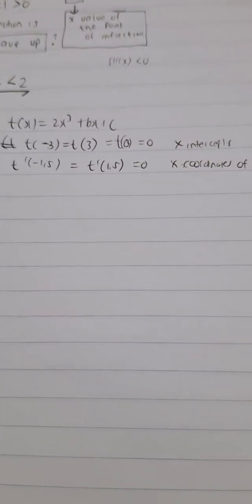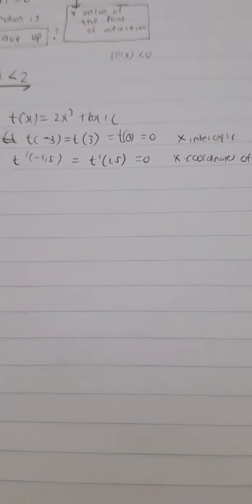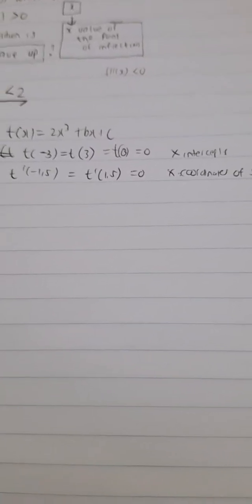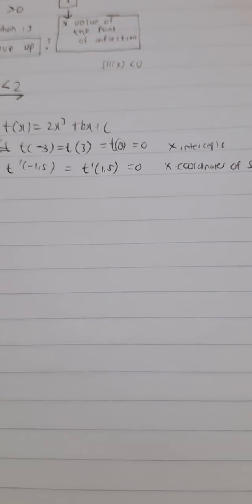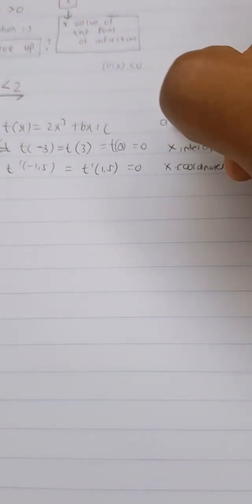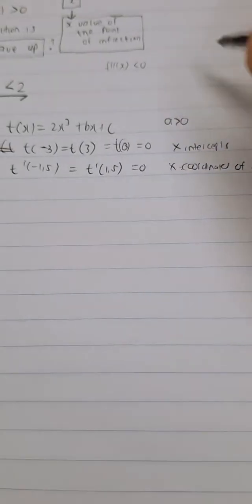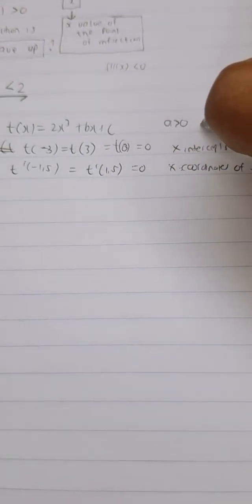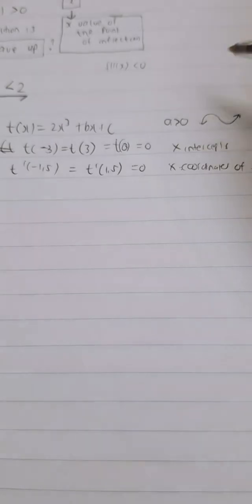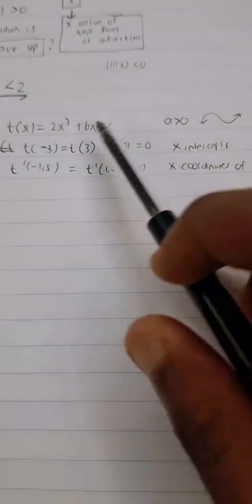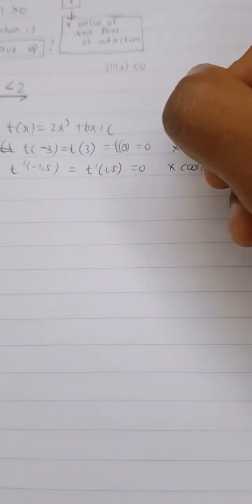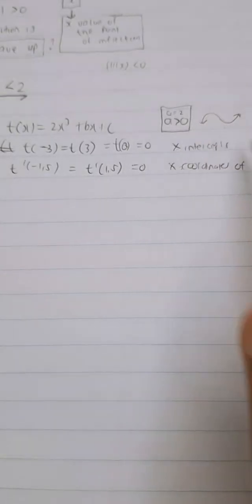We also know that because a is greater than 0, we are expecting to be sad and then smile only at the end, which means concave up at the end, because a is equal to 2, which is greater than 0. That speaks to the shape of the function.